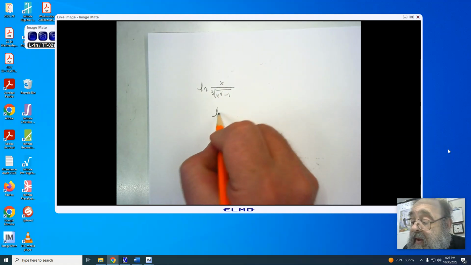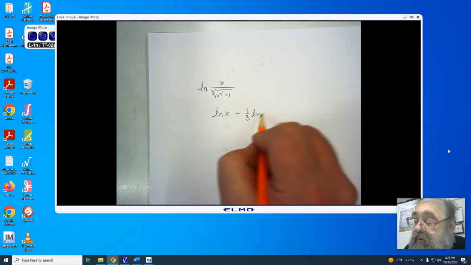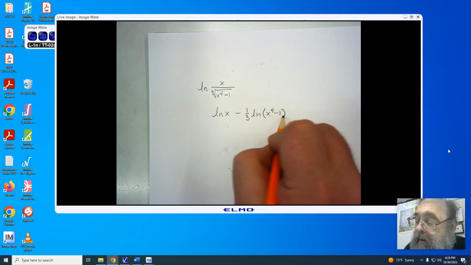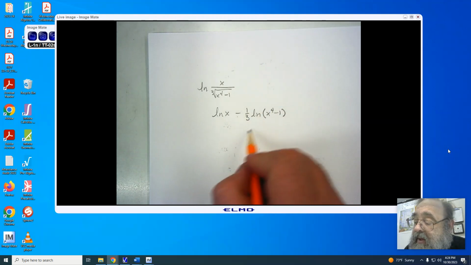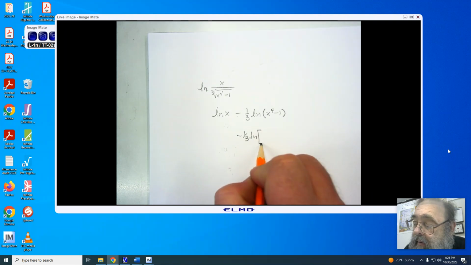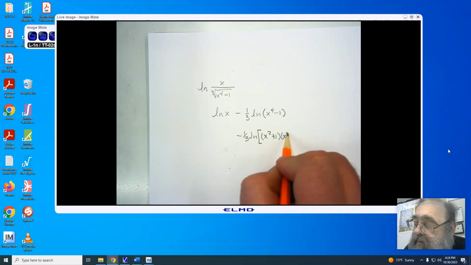We have the natural log of x over the cubed root of x to the 4th minus 1. This is going to give me the natural log of x minus 1/3 the natural log of x to the 4th minus 1. I'm now going to factor this piece out. 1/3 natural log of x squared plus 1 times x squared minus 1.